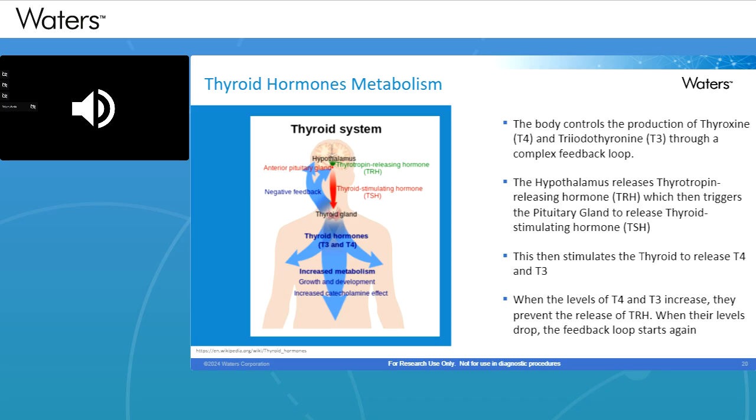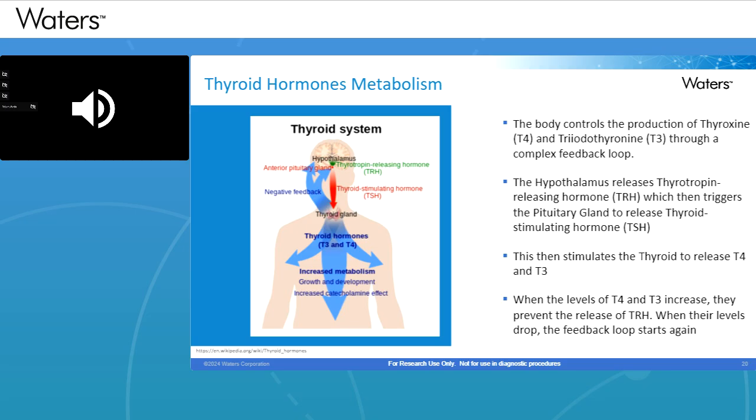Thyroxine and triiodothyronine are produced by a feedback loop. It starts with the hypothalamus, which releases a hormone called thyrotropin releasing hormone, or TRH. This then triggers the pituitary gland to release thyroid stimulating hormone, or TSH.